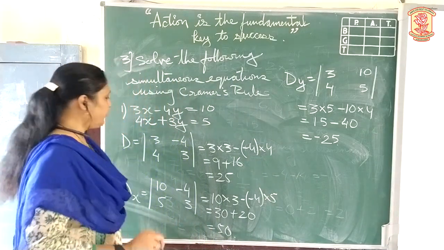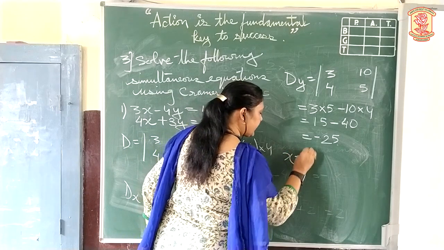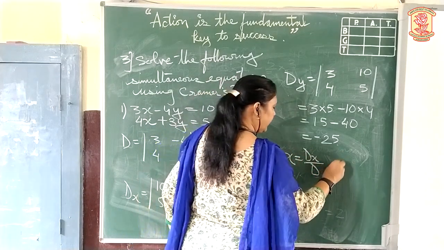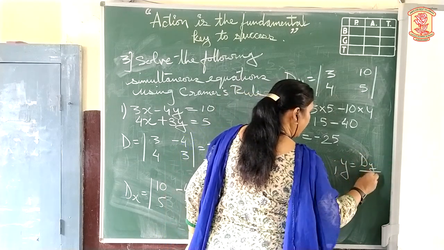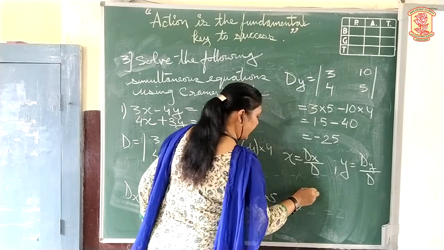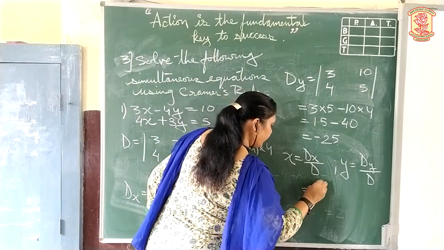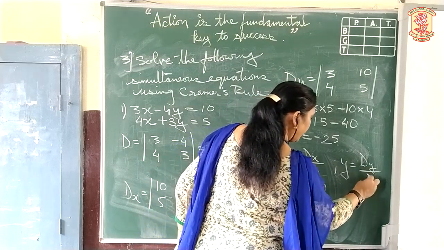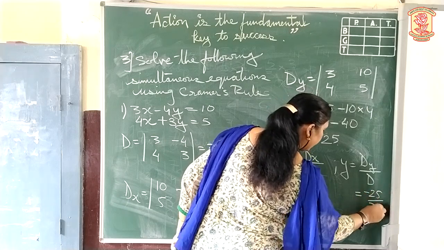Now here we have to calculate the value of x and y. What is x? That is dx upon d, determinant for x upon the determinant, and y is determinant of y upon the determinant. So the value of x comes out to be dx 50 upon 25, and y is determinant of y upon the determinant, minus 25 upon 25.